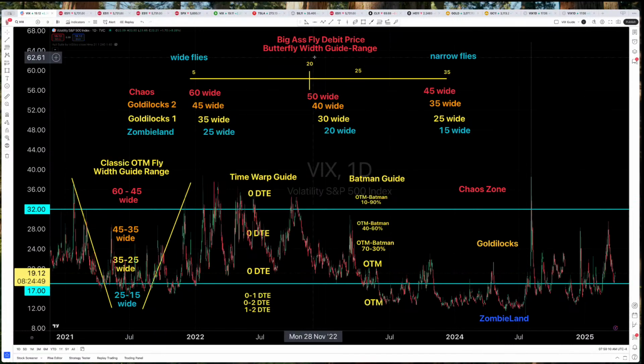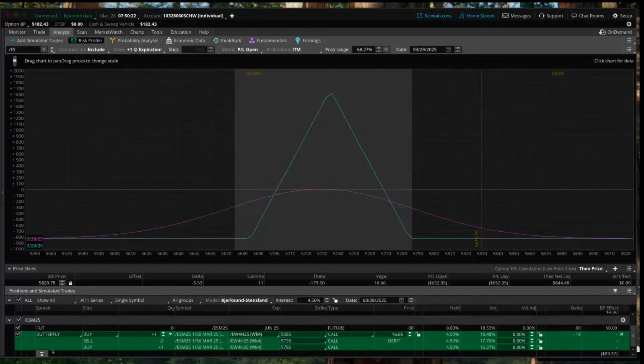We need to go to the big ass fly and see where that is so we can see what end of that range we should be looking at. And to do that, we need to go to our Thinkorswim and look at the big ass fly, which is a 50 wide at the money butterfly trade. Can't talk this morning. What we're looking for pre-market is what's the debit on that trade.